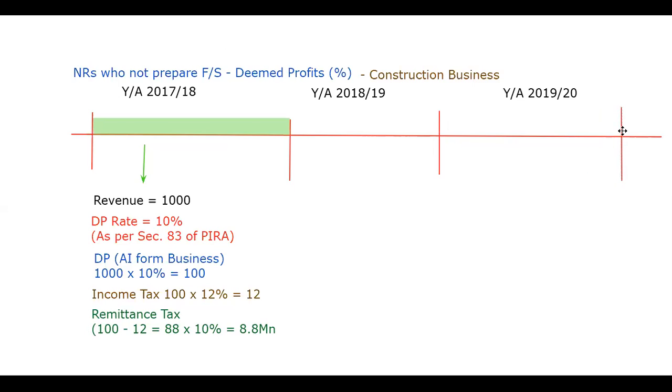Assume that they took the approval in 1718, 10% deemed profit under the previous Inland Revenue Act. If they have taken it under the previous Inland Revenue Act, then they can continue the same basis for the years of assessment 1919, 1920 going forward.